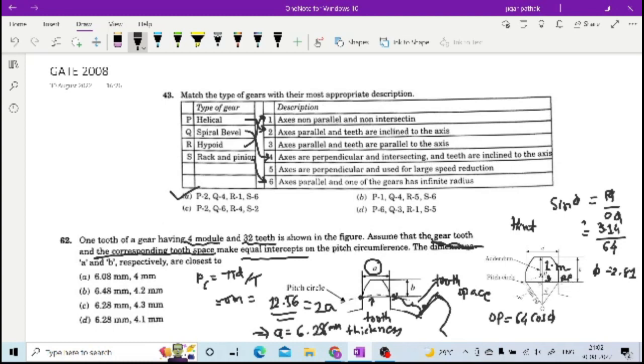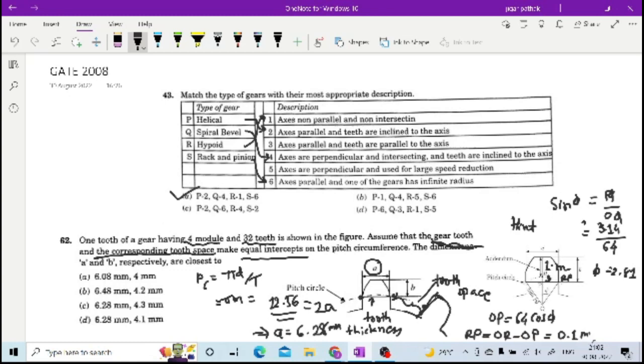What you have to calculate is this RP, that is nothing but OR minus OP. So when you calculate this OP and put it here, your OR is already known to you as 64, right? That radius.